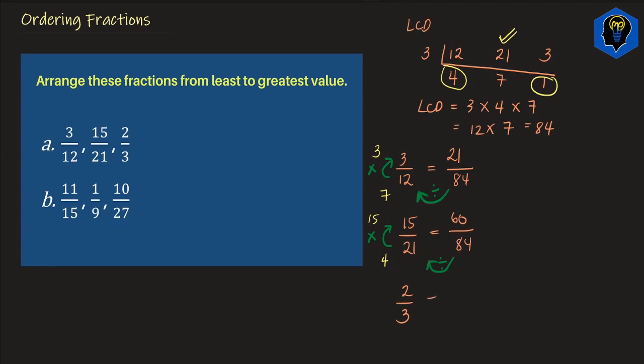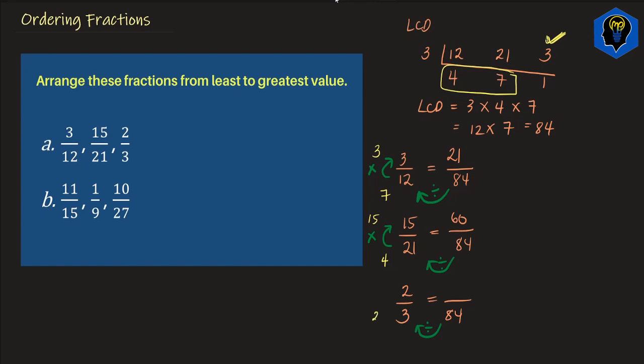Okay? So 2/3. So this will be 84. Again, going back to our continuous division here. So what will you do? 84 divided by 3. So here is 3. So you just have to consider 4 and 7. So 84 divided by 3 is 4 times 7. What is 4 times 7?